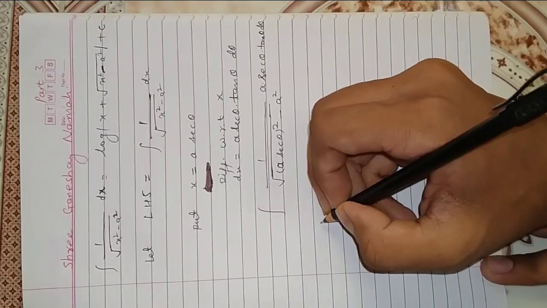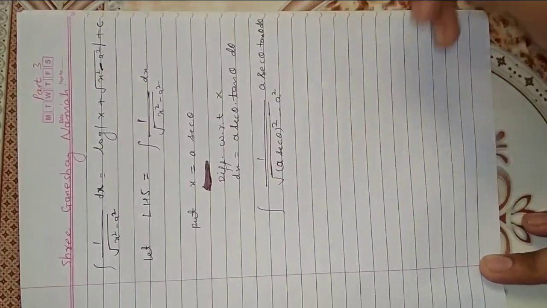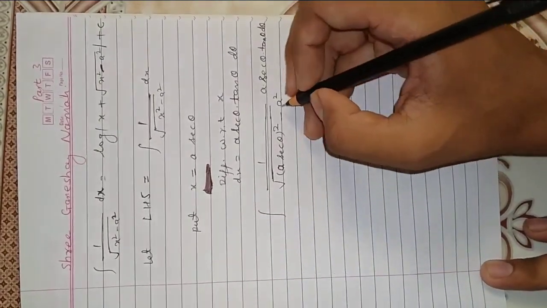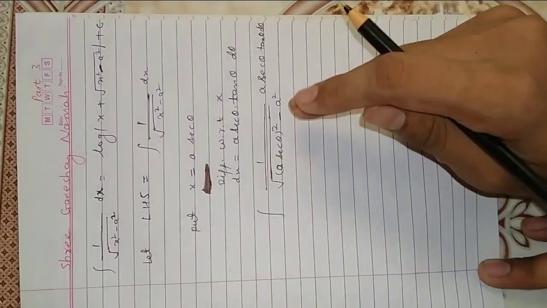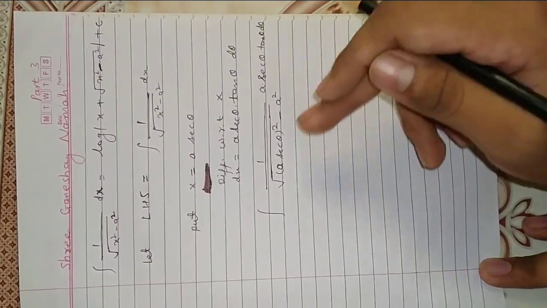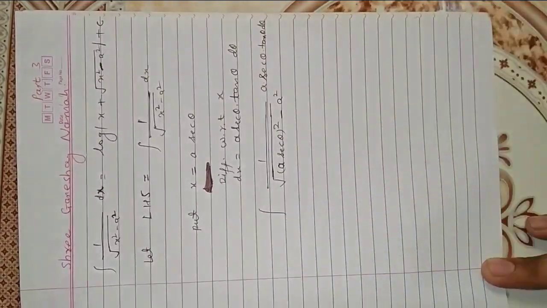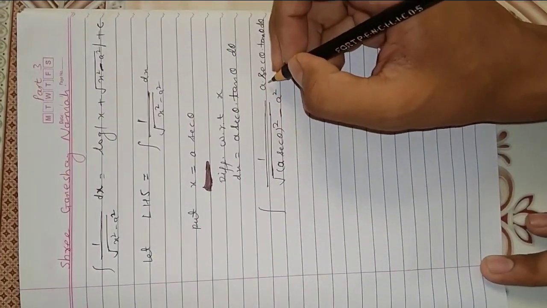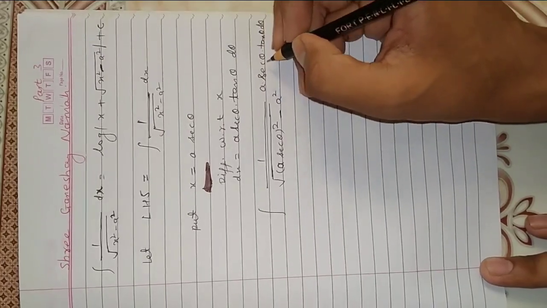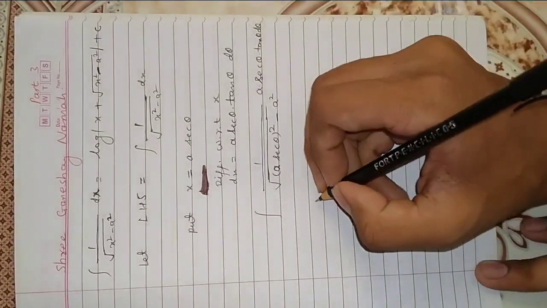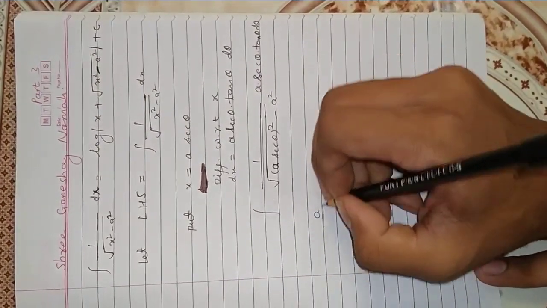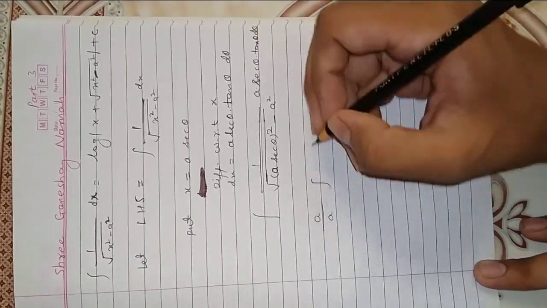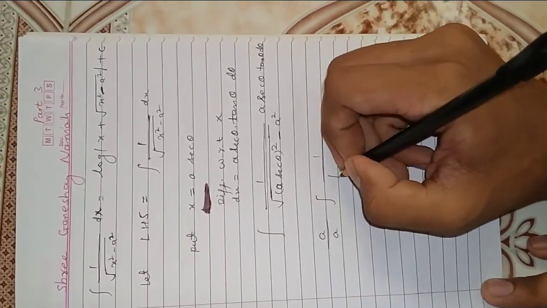I am going to take a as a common factor. If I bring it outside the square root, you will get only a as a common factor, and in the numerator there is sec theta into tan theta into d theta. I am going to write a upon a outside the integral, since it's a constant.